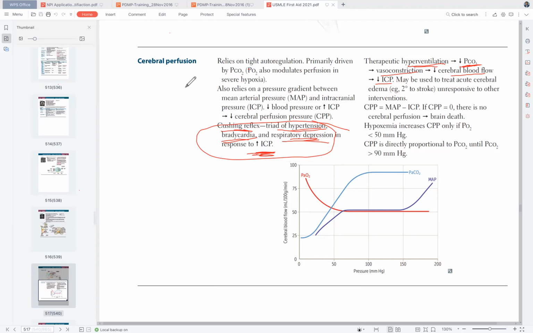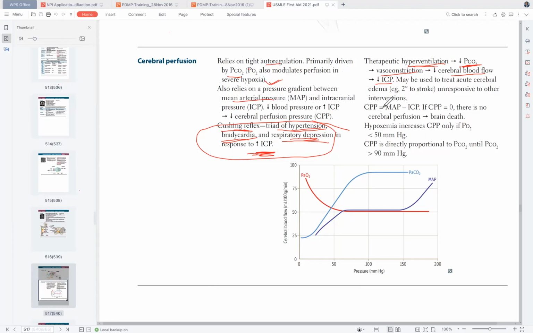So cerebral perfusion relies on tight autoregulation and is primarily driven by PCO2. Oxygen also modulates perfusion in severe hypoxia. It also relies on pressure gradients, the mean arterial pressure and the intracranial pressure.